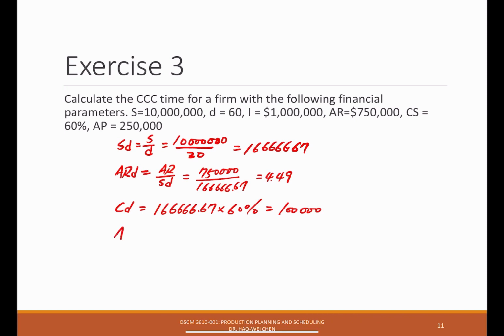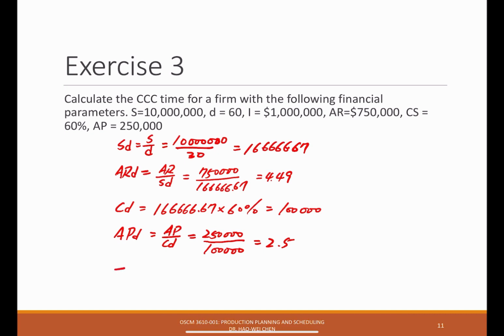Then we can calculate the account payable days, APD. That will be equal to AP divided by CD. Our AP will be 250,000 divided by CD. That will be 2.5 days.